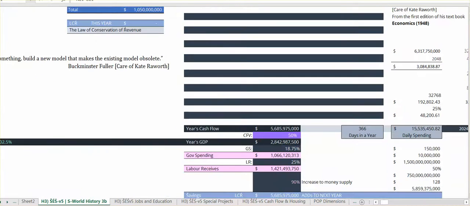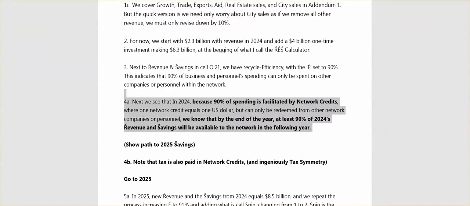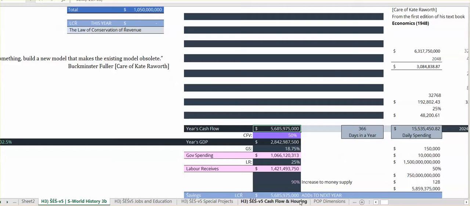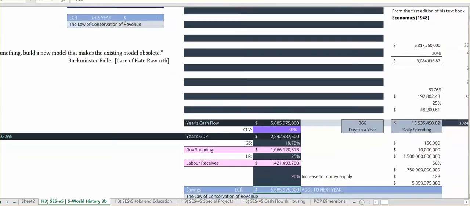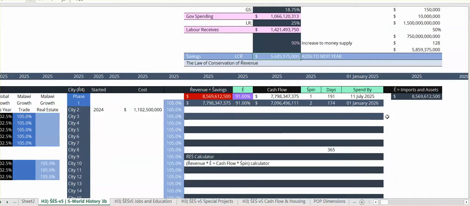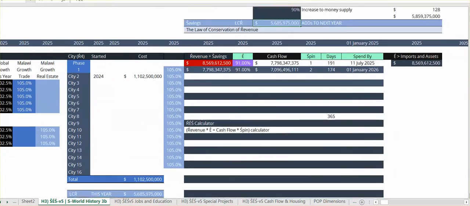If we go down this year, year's cash flow. Show path to 2025 savings. Yeah, here we see this figure repeated, that 5.6. That transfers over to the following year.